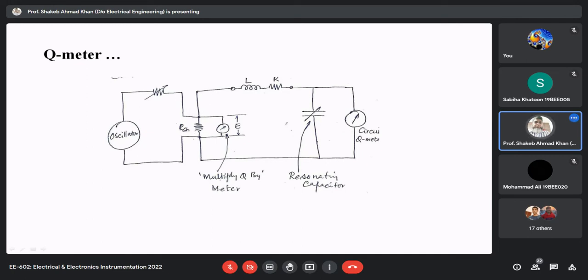There is a purpose for that. We could excite this whole circuit directly by the oscillator also, but why it is done so, I'll discuss. It is applied across the small shunt resistance, which behaves like a voltage source of very small internal resistance. That is the shunt resistance, and this is your coil.